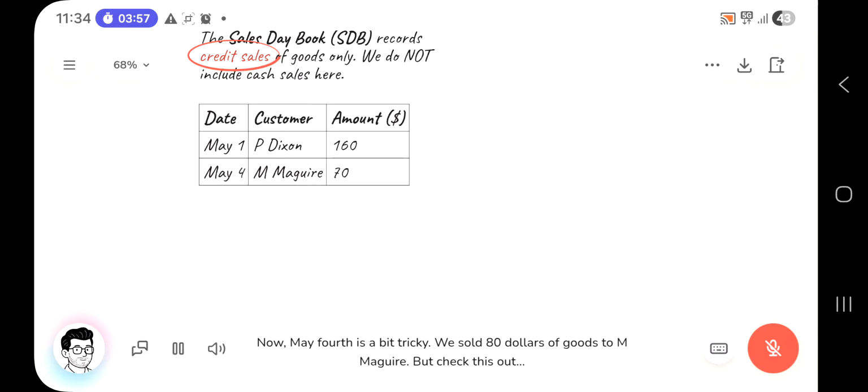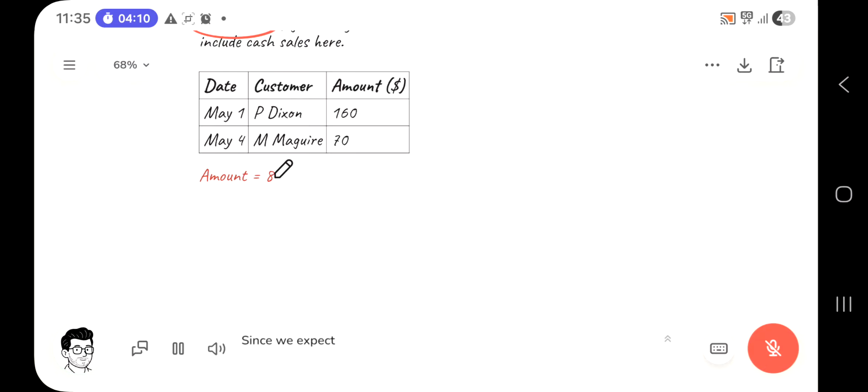Since we expect McGuire to take the 12.5% discount, we record the net amount. 80 minus 10 equals $70. That 80 and the 12.5% are right there in the May 4th transaction.